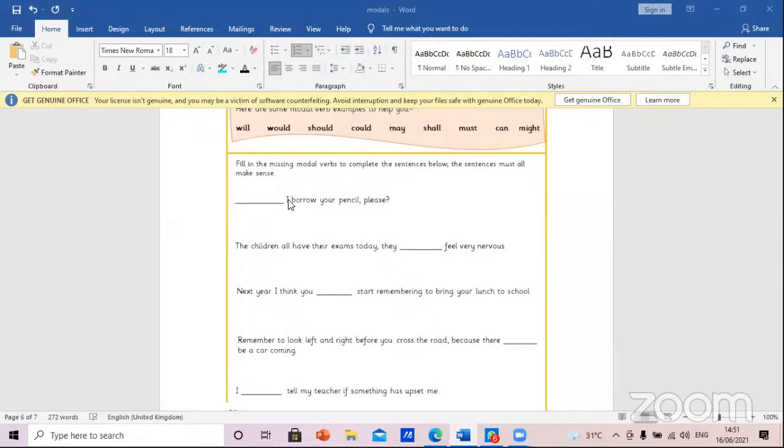As I told you, if I am the person who is going to take or do the particular verb, I have to ask, can I? May is also possible. We can't put wrong. May I borrow your pencil? But the best one is, can I borrow your pencil, please?